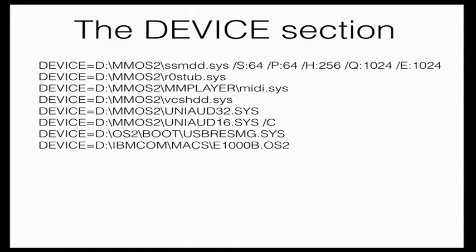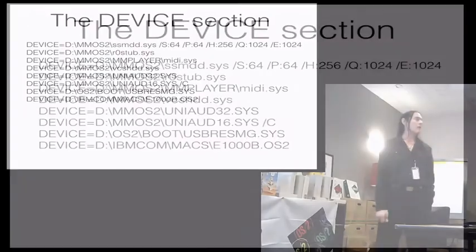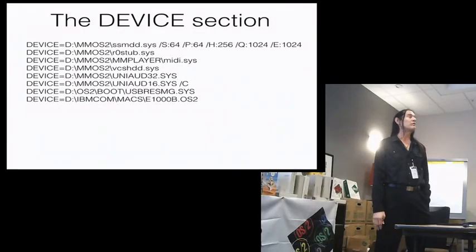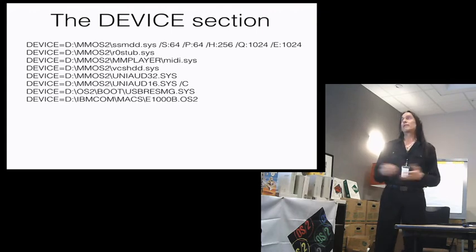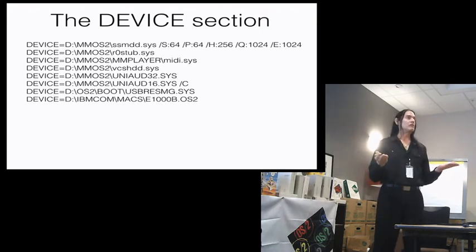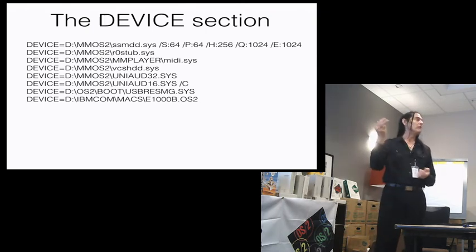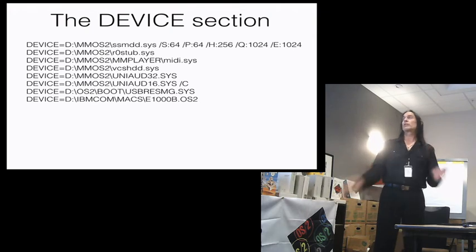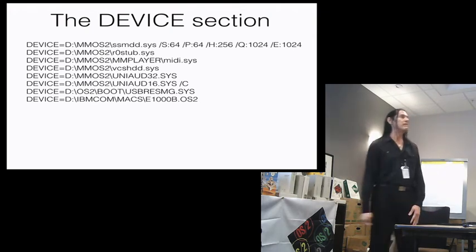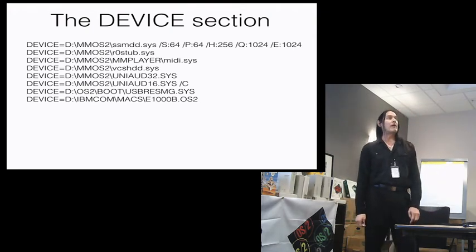USBRESMGR, I don't know why this was named this, but this is your USB calls driver. For Ring 0, it's a resource manager. There's the USB calls DLL, and this driver is the Ring 0 portion of it, and the USBCALLS DLL is the Ring 3 portion, and they talk to each other to let you do USB stuff easily through an app.